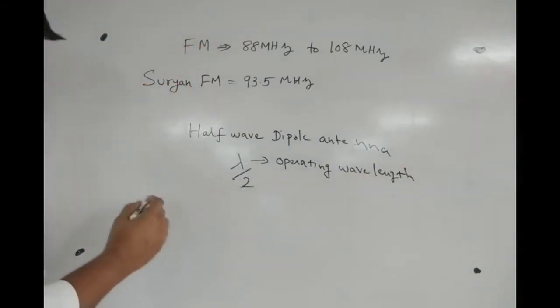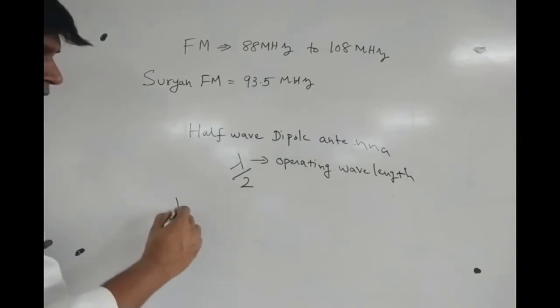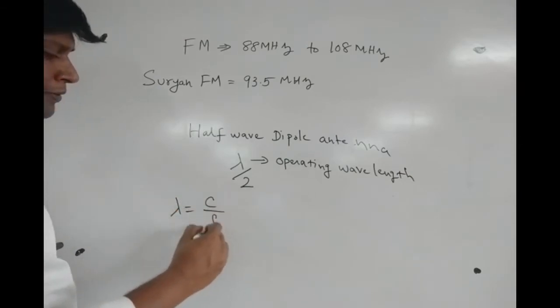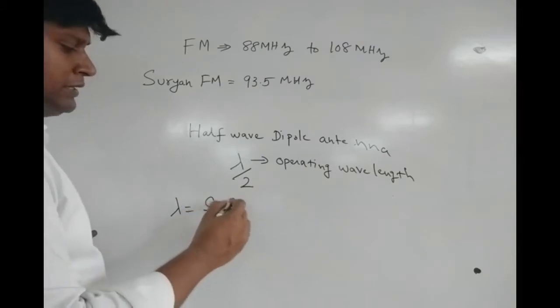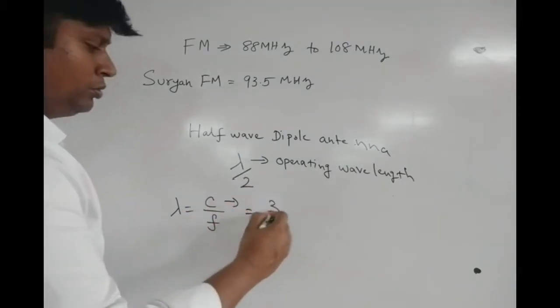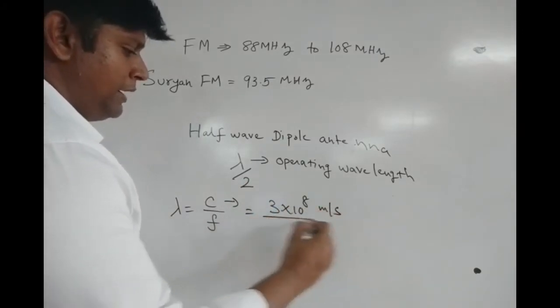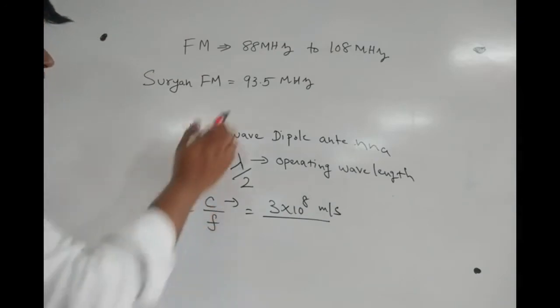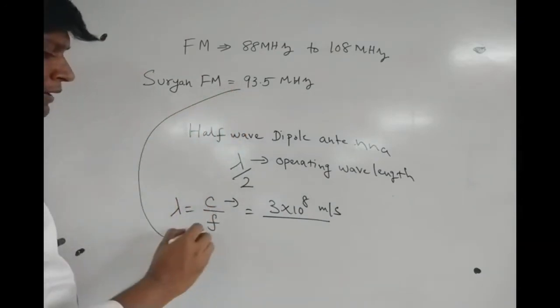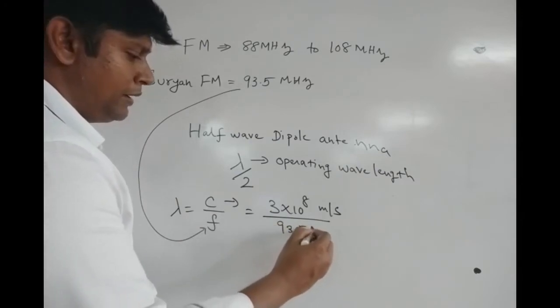And we very well know the relation between lambda and C. Lambda is equal to C by F, where C is the velocity of light in free space, which is 3 into 10 power 8 meters per second, divided by our operating frequency, 93.5 megahertz.